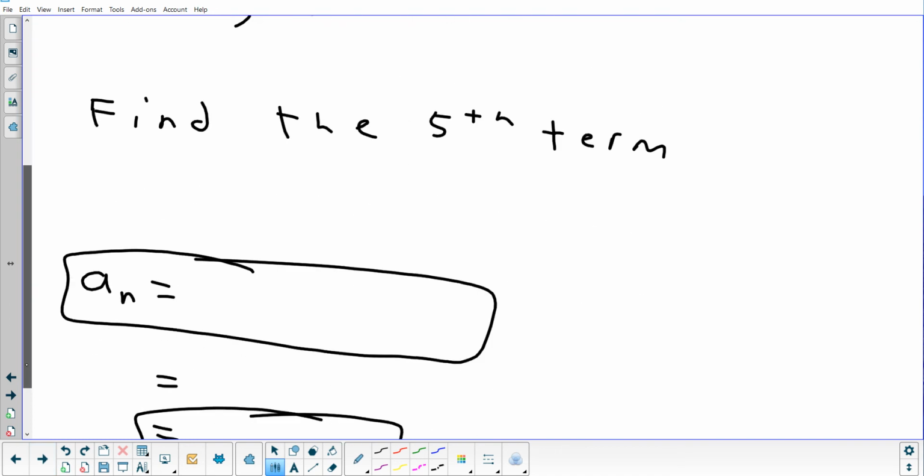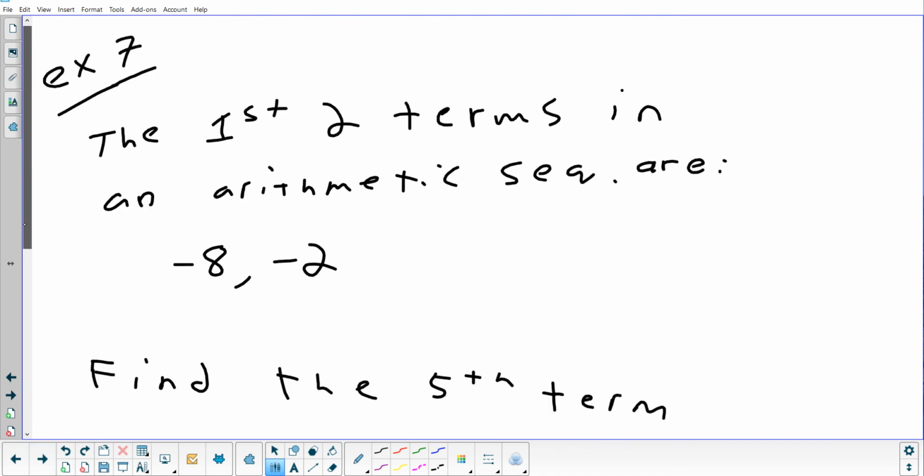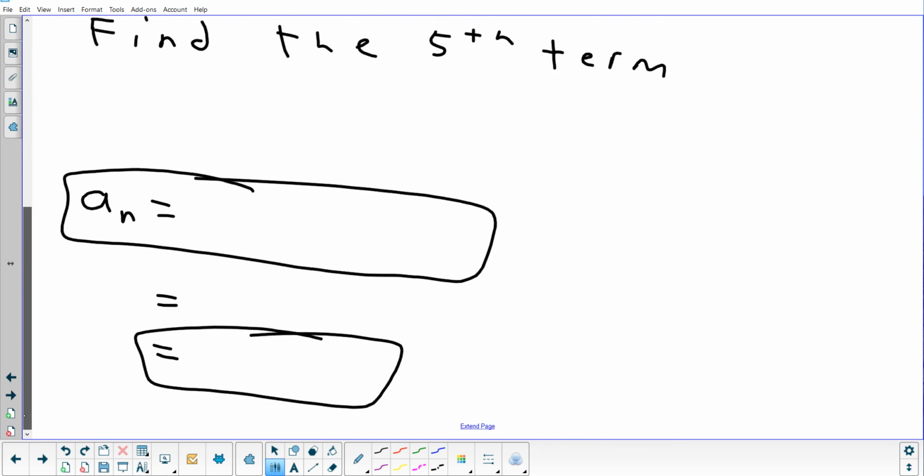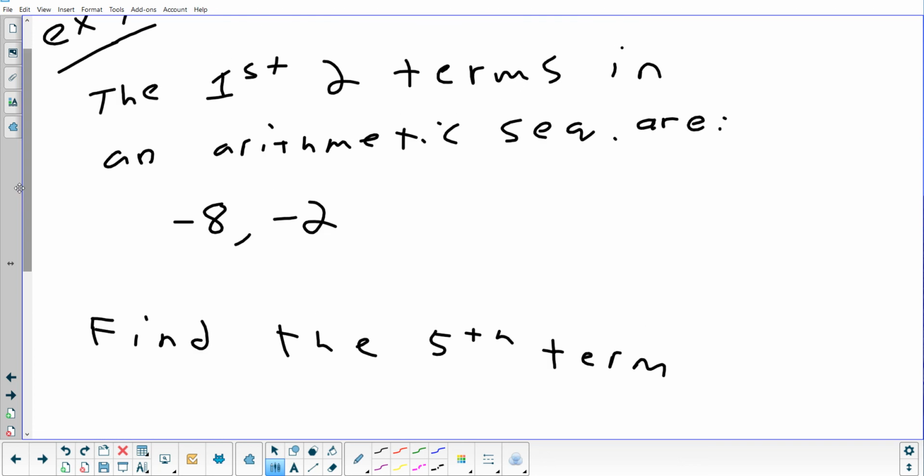Let's see. So this says the first two terms in an arithmetic sequence are -8 and -2. Find the fifth term, and it looks like they want a formula. Okay. So the first two terms are given. So this is term 1, this is term 2. So what's a sub 1? -8.